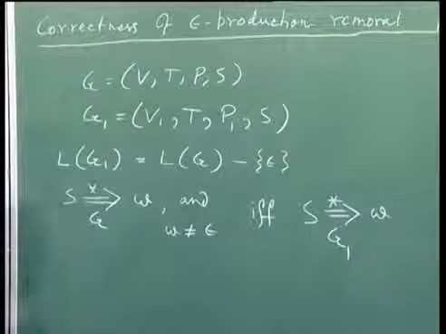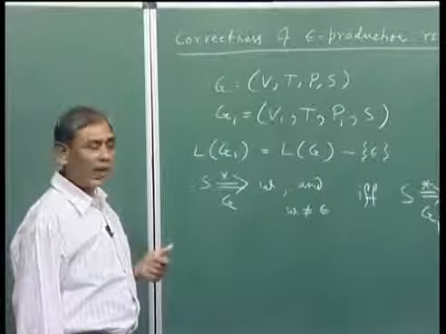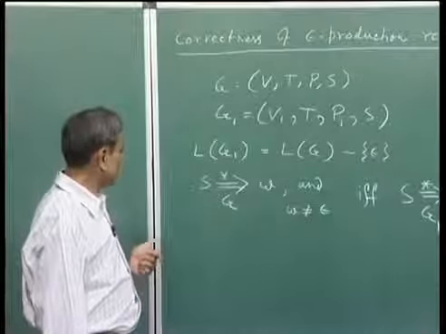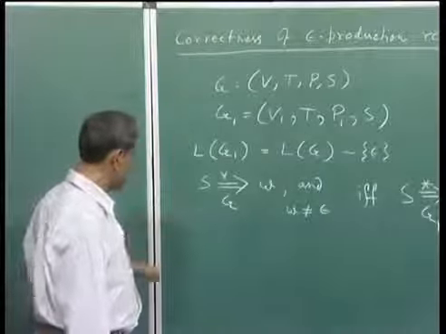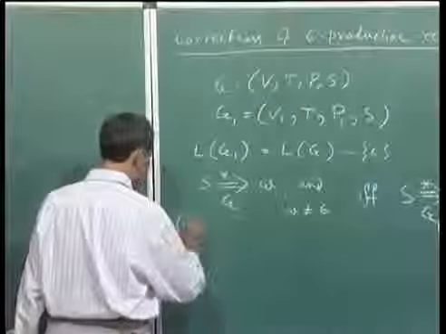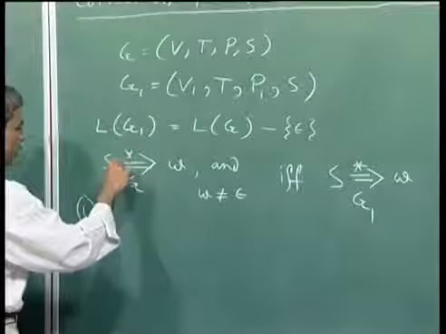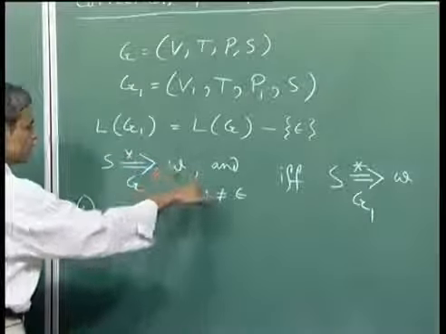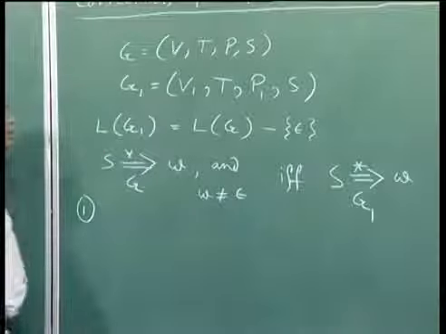To establish this, we will use our standard method, that of induction, and induction will be on the length of derivation. So, as we see, there are two things to establish. First, one way, that is if S derives W and W is not epsilon, then this, and the reverse way.